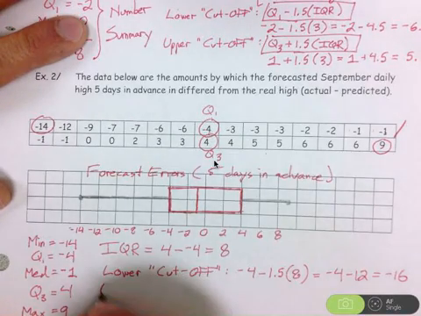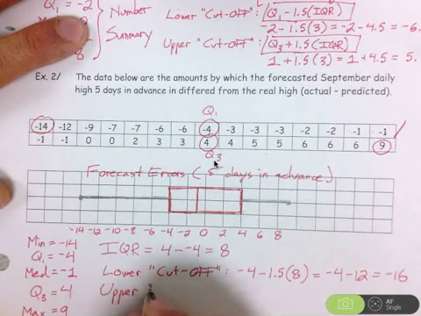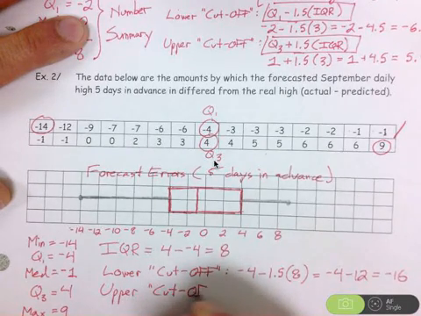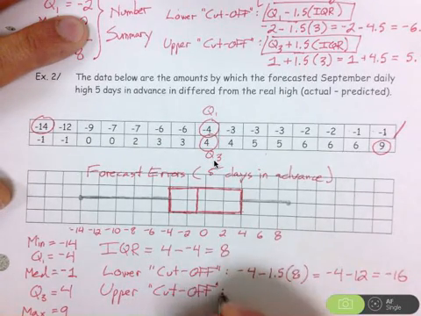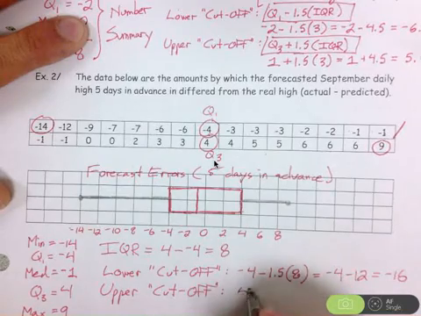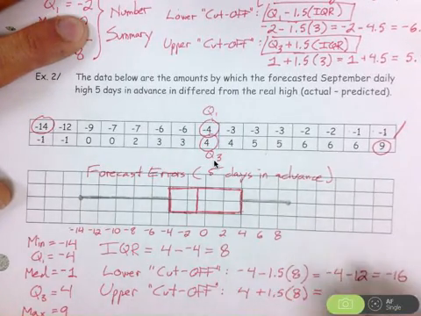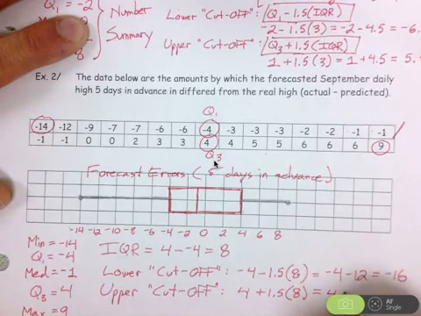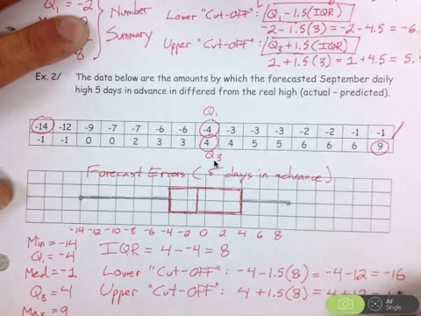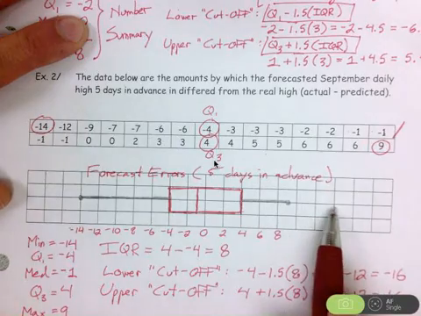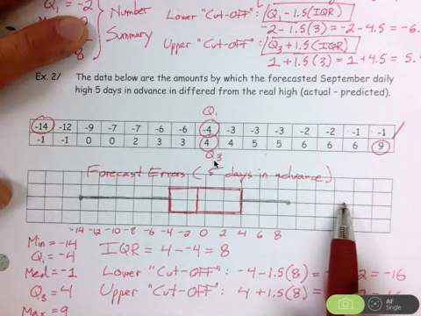So for the upper cutoff, we have Q3 at 4, and I'm going to add 1.5 times the interquartile range. So that's going to be 4 plus 12. That's 16. So 16's way up here. So I don't have any values that will exceed 16.